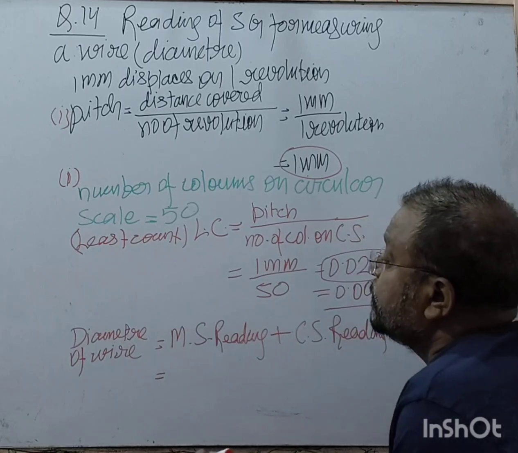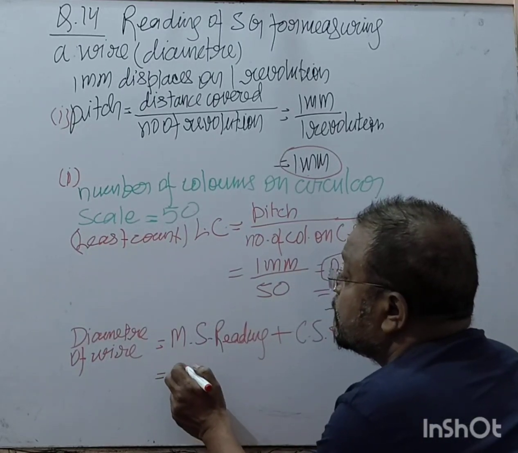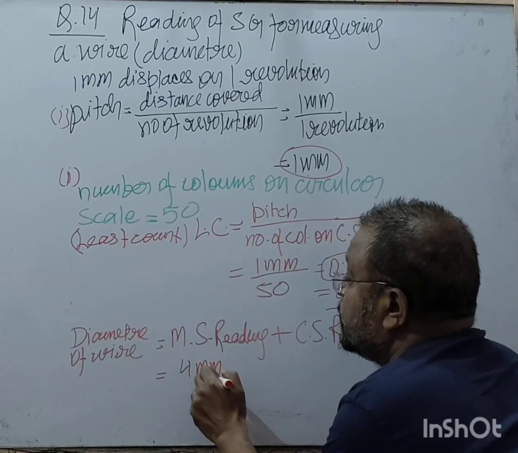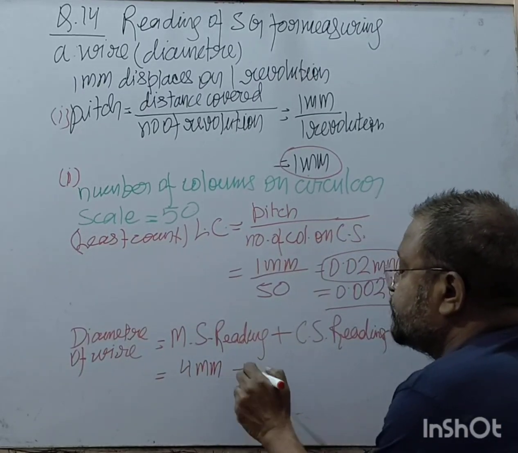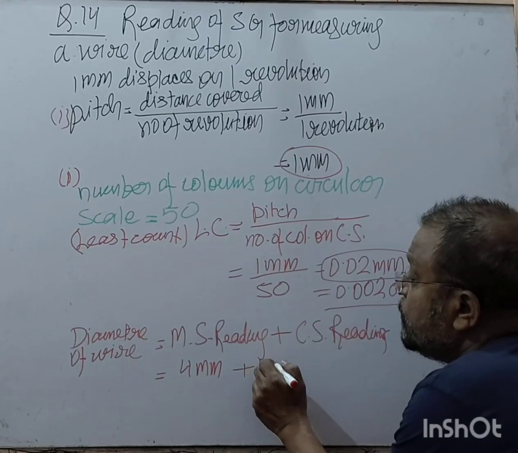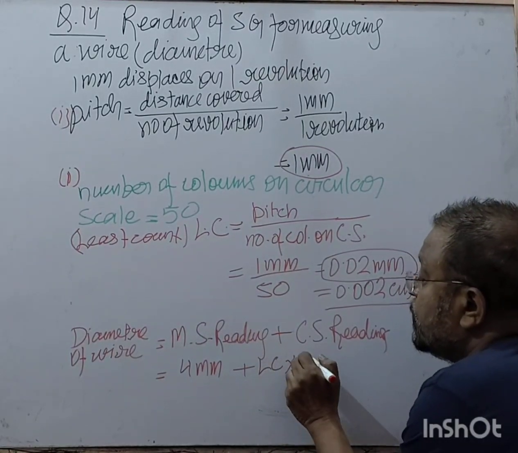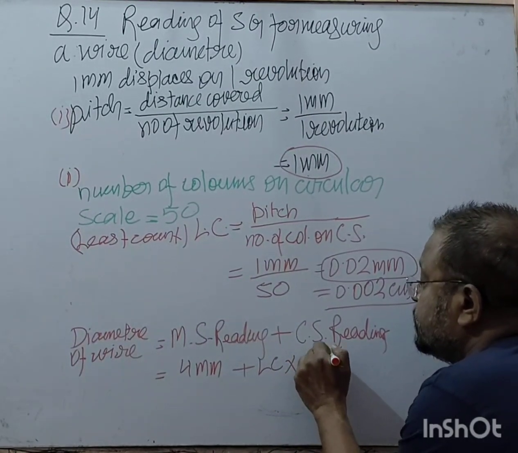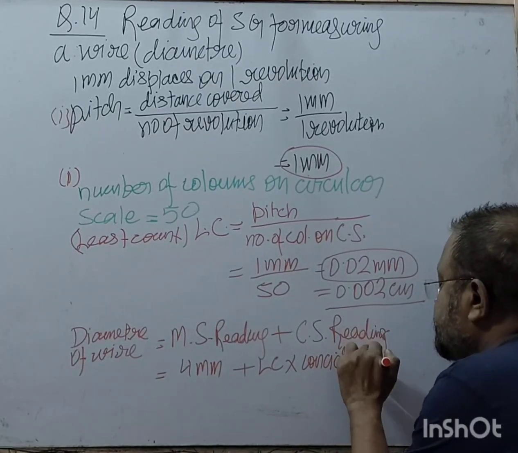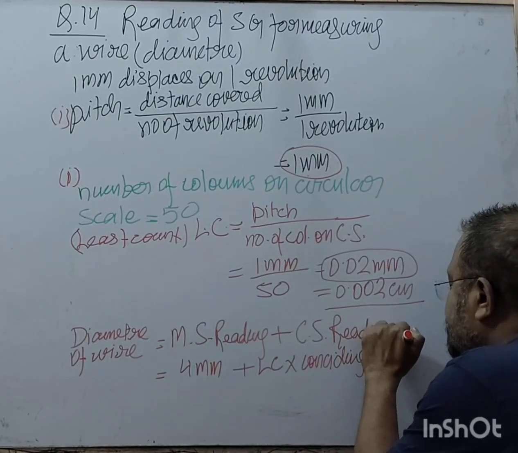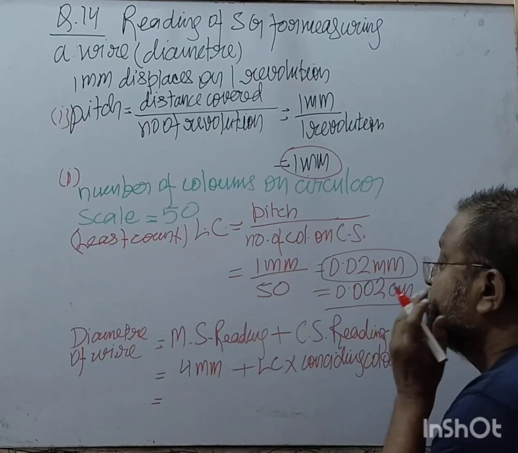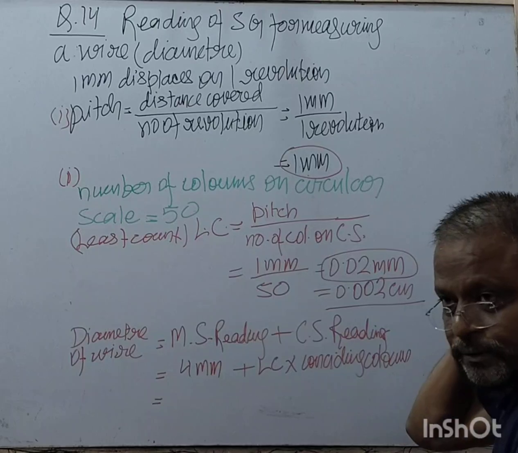So 4 millimeter plus least count into coinciding column. Is the coinciding column given to you? No, sir. Check. So it is not given.